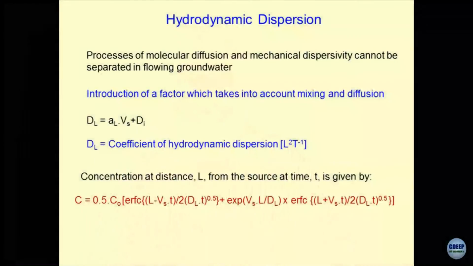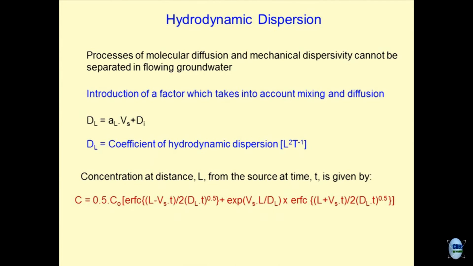again. This is the governing equation which deals with hydrodynamic dispersion, DL equal to AL into Vs plus Di. So, Di is again the diffusion in the free state. DL is the coefficient of hydrodynamic dispersion, the units remain the same, L square by T. L is the distance, T is the time, and if you solve this equation you will get Ct by C naught, error functions, and there are exponential terms, and if you substitute the values of time, at a given time, you get the value of the concentration of the contaminants, or at a distance.